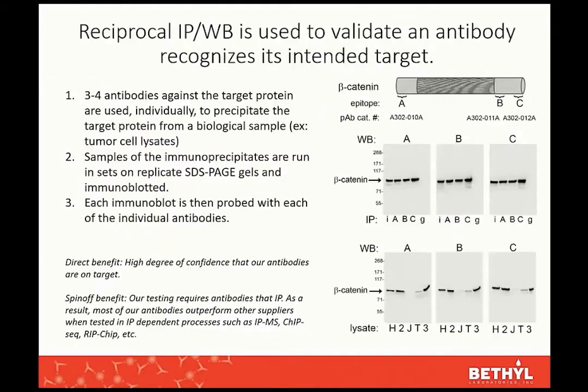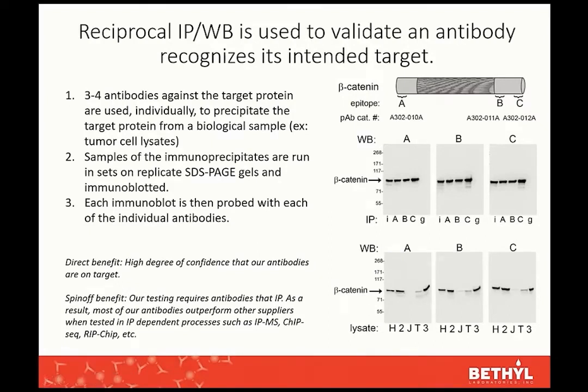And we started this program many years ago, working on polyclonal validation. And in this case, we use IP and the Western blot application to actually pressure test and validate our clones. And so we have 3 antibodies to 3 different parts of the protein, antibody A, B, and C. And we can use those 3 antibodies to IP the protein, and then we can use those 3 antibodies to also blot those IPs.